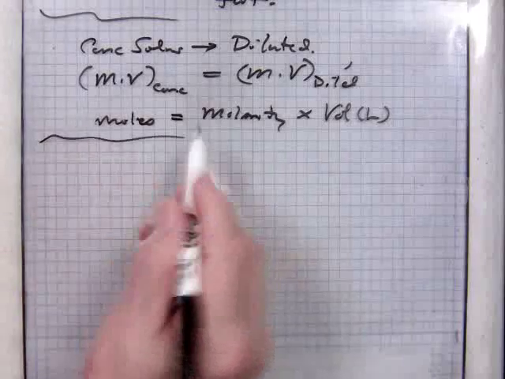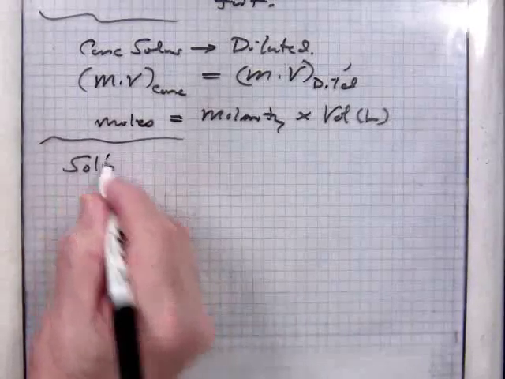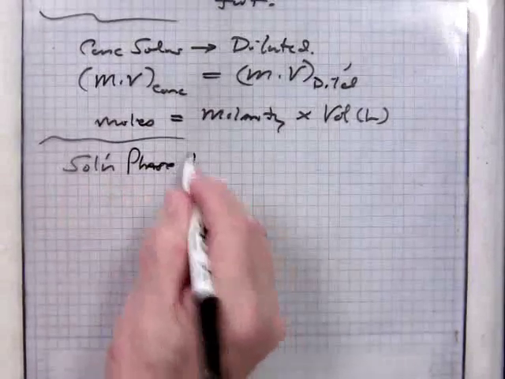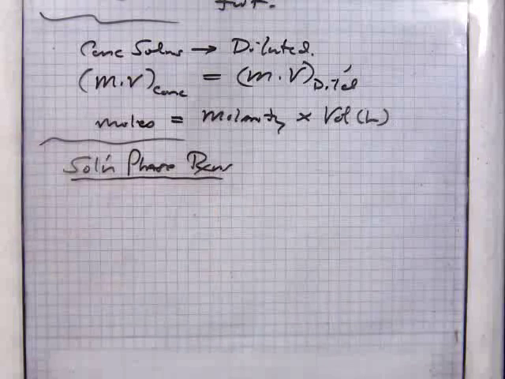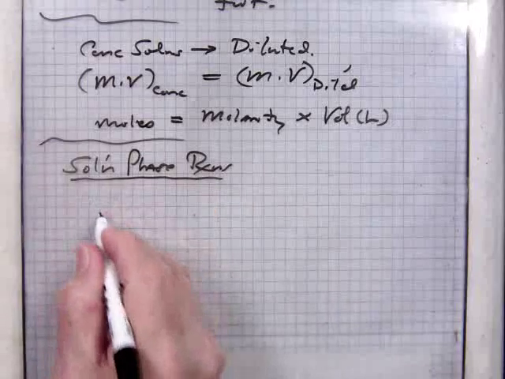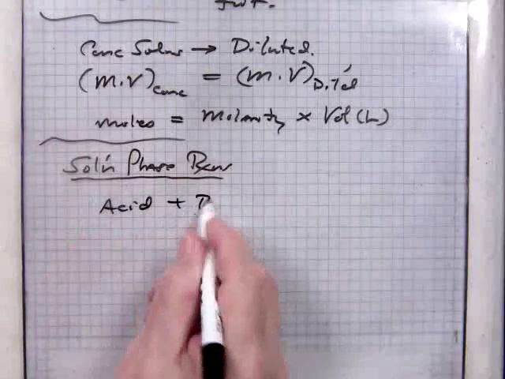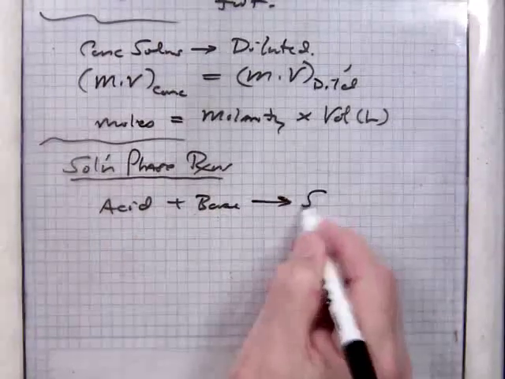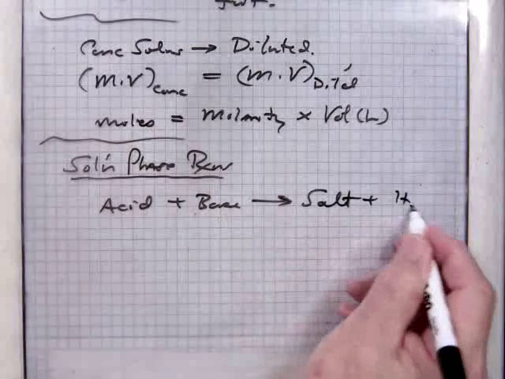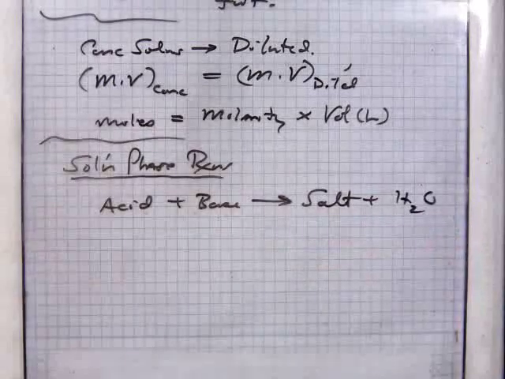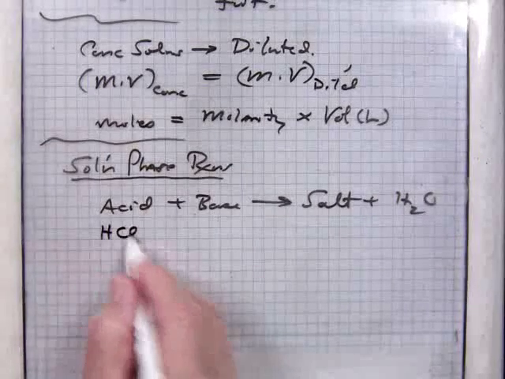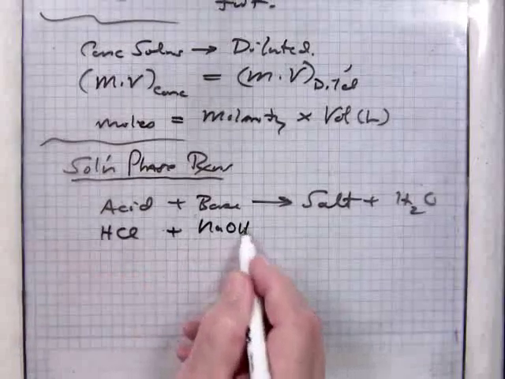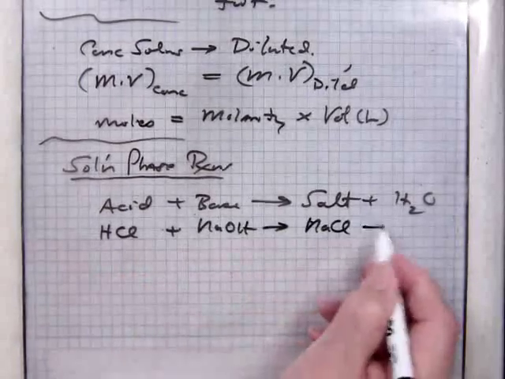Acid-base reactions are solution phase reactions. Let's say you have a reaction, it's like 7, 8, somewhere in there. Acid plus a base goes to a salt plus typically water or weak electrolyte. What are we looking at? When you write out the reaction, I'll use one, HCl plus NaOH goes to NaCl plus H2O.